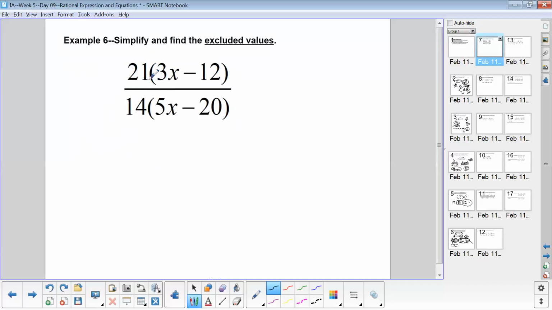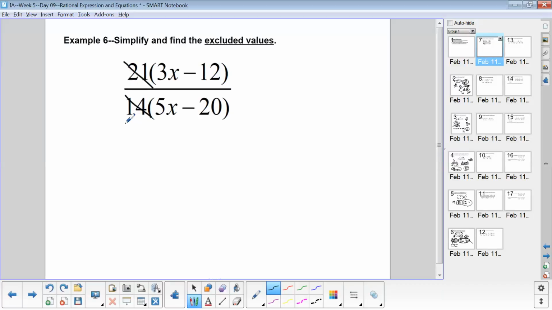either a simplifying of the values here, or a distributive property. Now, the reason I'm hesitant on the distributive property is because if I distribute the 21 and distribute the 14, I'm going to have to factor out a common factor again. So what I'd like to do is take the 14 and the 21.